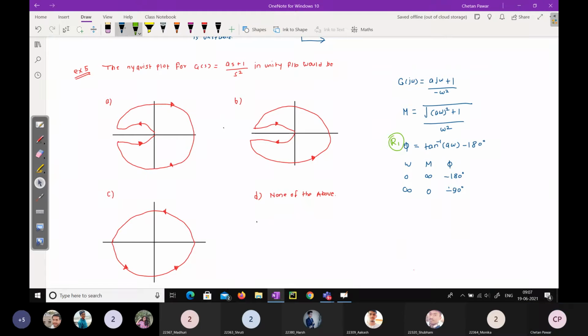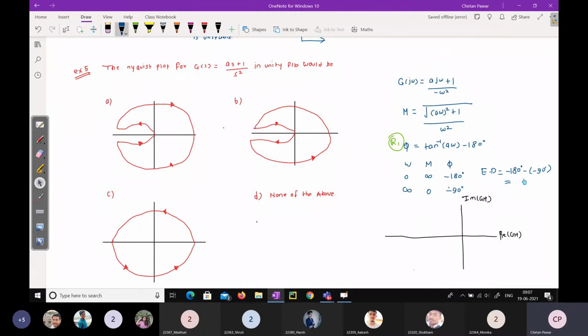That plot will be like this. And we also need to find the starting and ending directions. The ending angle is minus 90 degree.